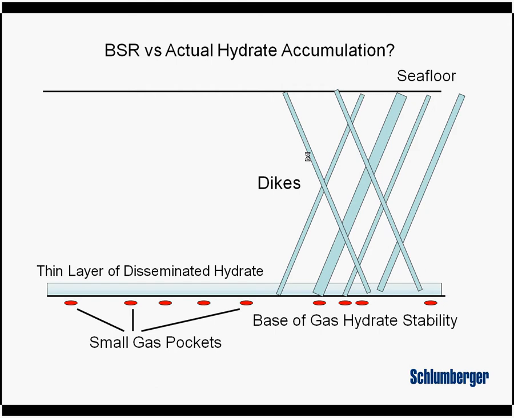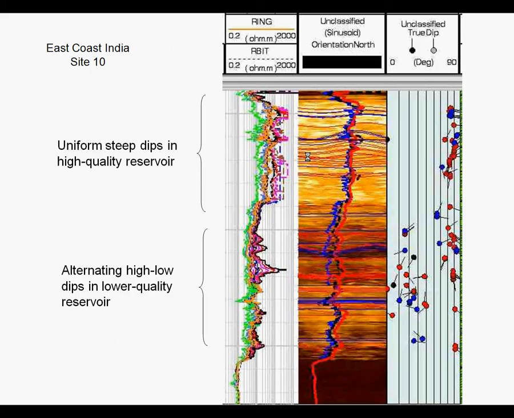Now let's look at some evidence for this model. This is a well log from the east coast of India. This was a very successful gas hydrate drilling campaign conducted by the government of India. In track 1, we have resistivity logs, and you can see that resistivity is quite high, above 100 ohm meters, particularly at the top, and a little bit less toward the middle of the section.